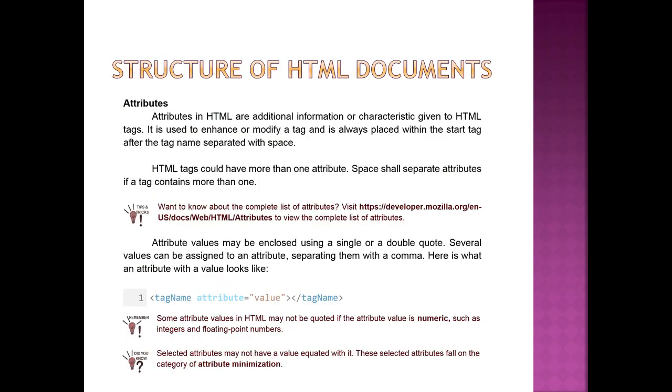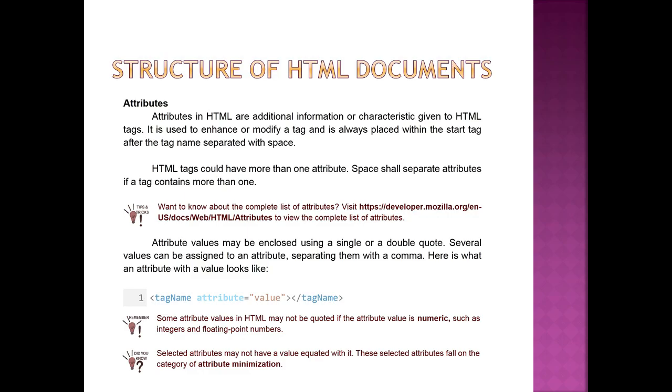Then we have the attributes. Attributes are additional information or characteristics given to an HTML tag. They are used to enhance or modify a tag, and are always placed within the start tag after the tag name, separated with a space.